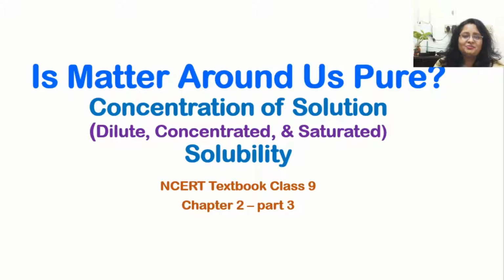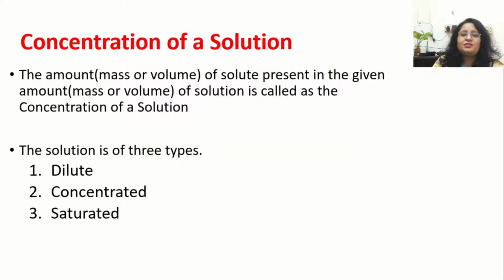Now, concentration of solution. The amount of the solute, whether it is a mass or a volume, maybe it will be a mass or volume, meaning whether it is a solid, a liquid, or a gas. The amount of solute present in the given amount of solution is called the concentration of solution.